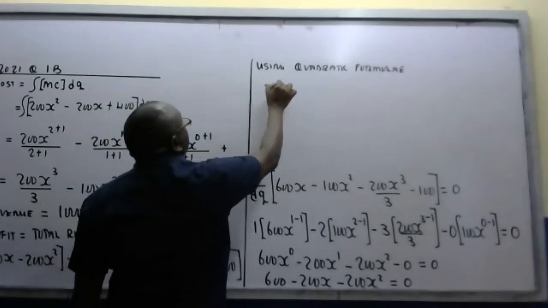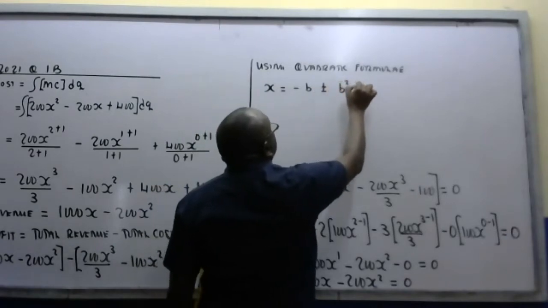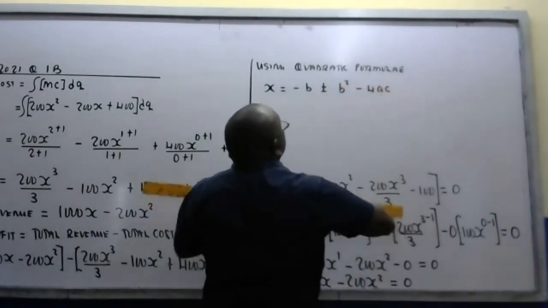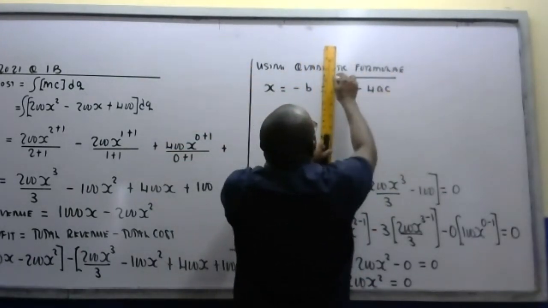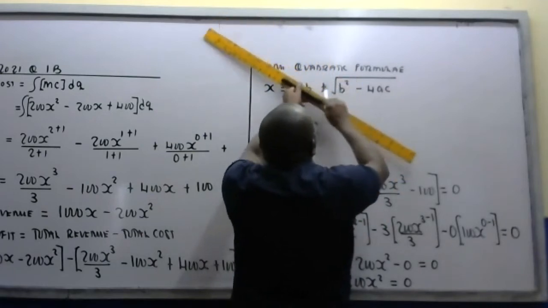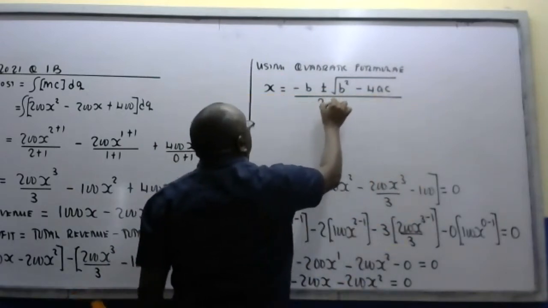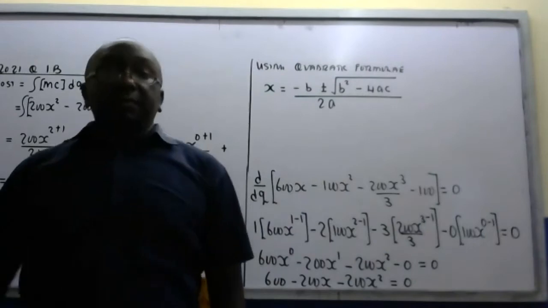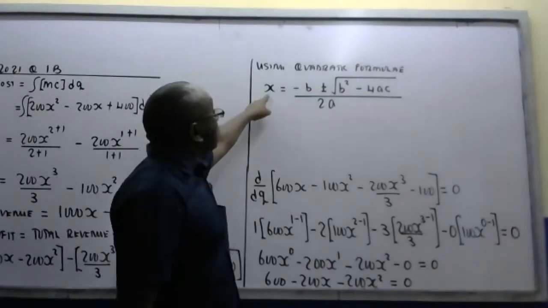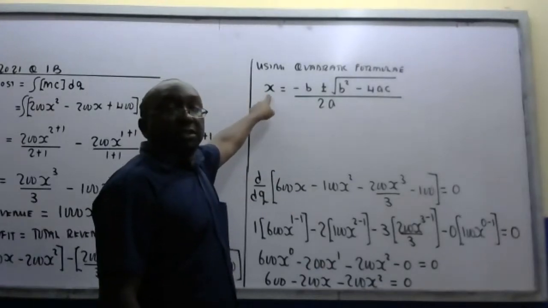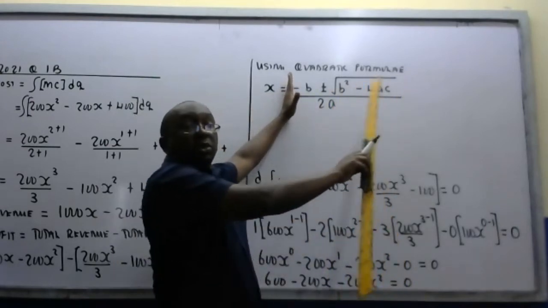So x is equal to minus b plus or minus the square root of b squared minus 4ac, you divide that by 2a. The other one, we had put q because you were looking for q. This one we have put x because we are looking for x, but this bit remains the same. This one is always the same.